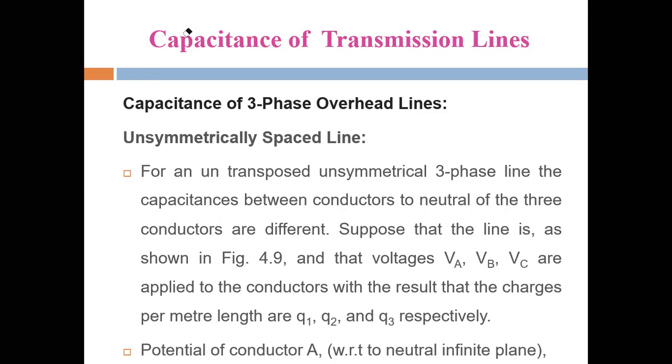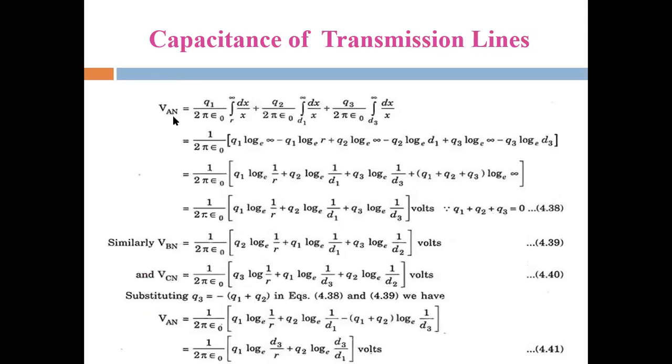In the previous derivation, we calculate VAN: VAN is equal to Q1 by 2 pi epsilon naught integral R to infinity dx by x, plus Q2 by 2 pi epsilon naught integral D1 to infinity dx by x, where D1 is the distance between conductors A and B, plus Q3 by 2 pi epsilon naught integral D3 to infinity dx by x, where D3 is the distance between conductors C and A.